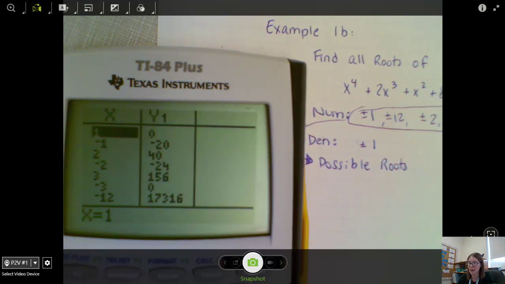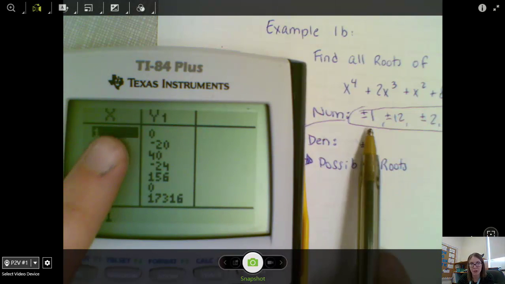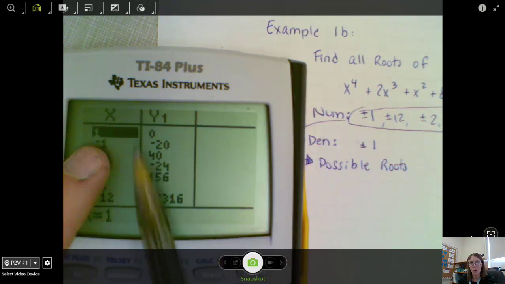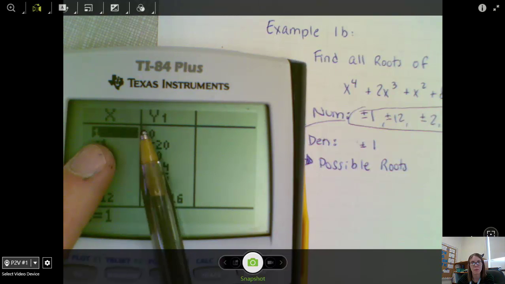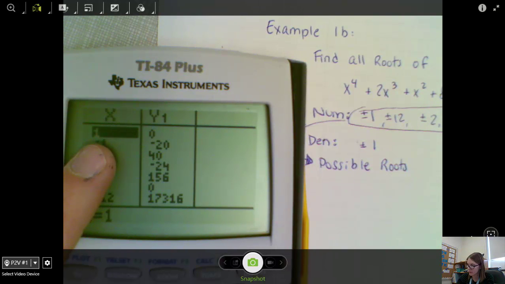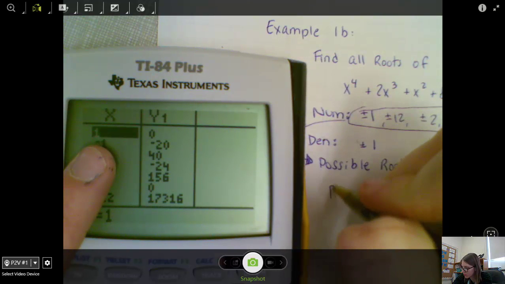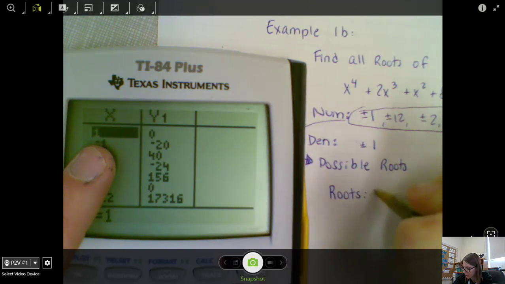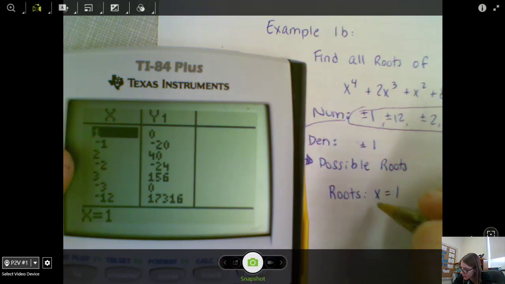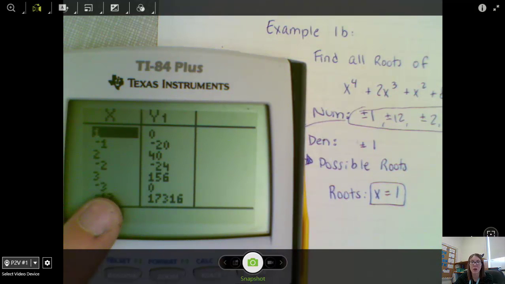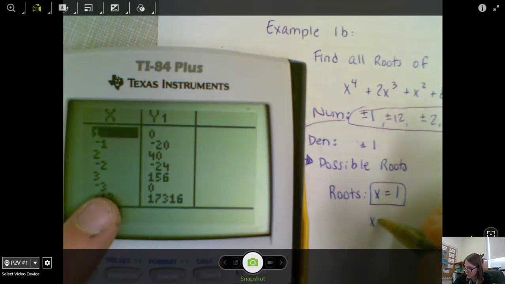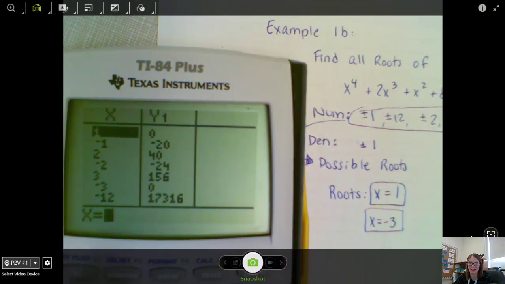I actually have some x values in here already, but we'd run through and check the ones we have. 1, turns out, is one of my rational roots. We also see here that negative 3 is one. So I'm going to write that down. It'd be silly for me to not write that down.